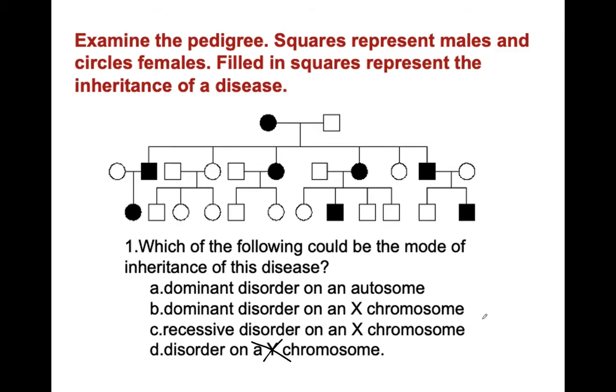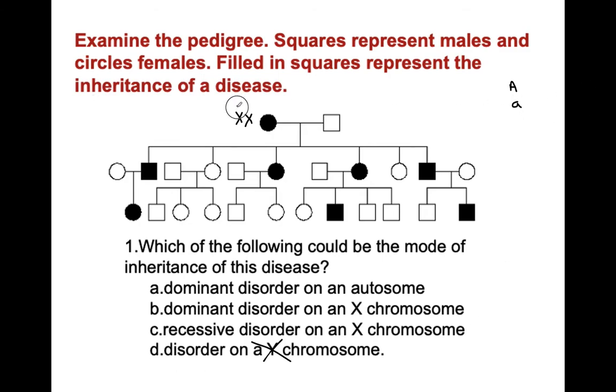That means any individual who has the disease, like this female, they have 2 X chromosomes, and let's show the symbol of disease with, just for argument purposes, A and little a. So in this case, little a would be the disease allele.